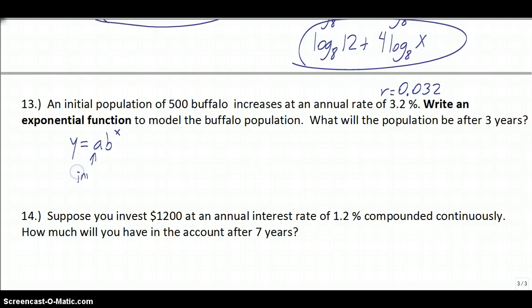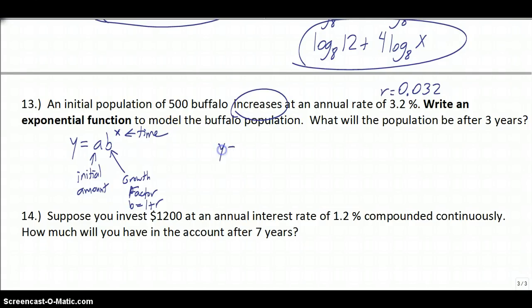A is the initial amount. B is your growth or decay factor, but normally we just call it growth factor. And remember, b equals 1 plus r. If it's increasing, r is going to be positive. If it's decreasing, r is going to be negative. X itself is just time.